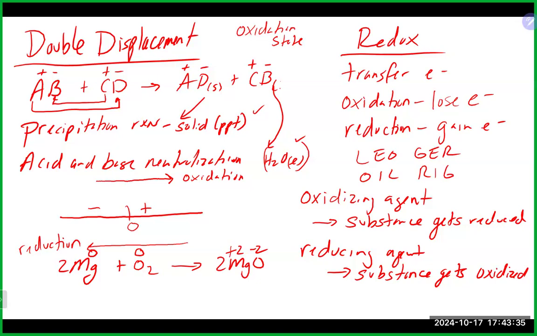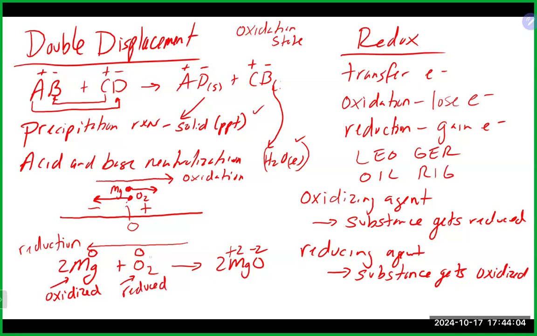If we look at the magnesium, it started at 0 and on the right-hand side ended at +2, which means it's moving in the positive direction. So in this case, it is being oxidized. The oxygen is starting at 0 and ending at -2, which means it's moving in the negative direction, becoming more negative, and the oxygen is being reduced.